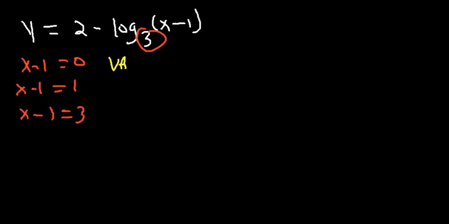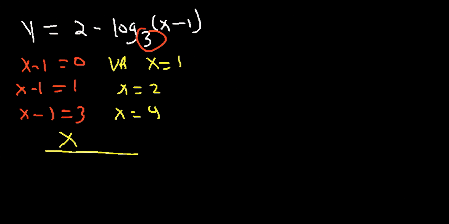So the vertical asymptote is x is equal to 1, and our other points are 2 and 4. So let's make our table. If we plug in 2 for x, it's 2 minus 1, which is 1. Log of 1 is 0, so 2 minus 0 is 2. If we plug in 4, 4 minus 1 is 3. Log base 3 of 3 is 1. And so 2 minus 1 is 1.